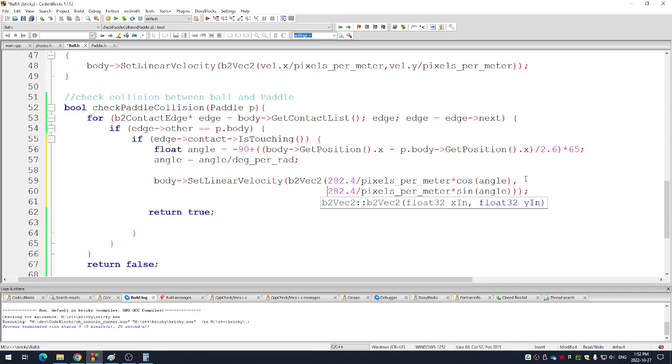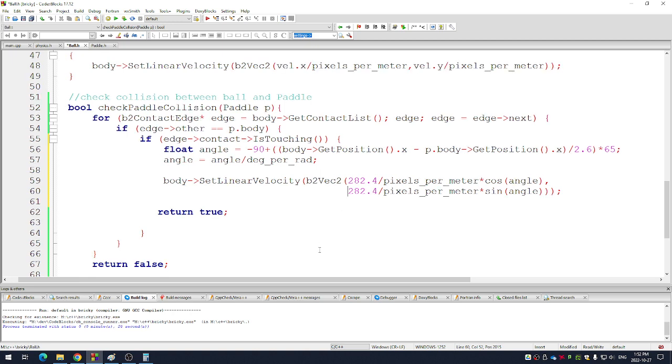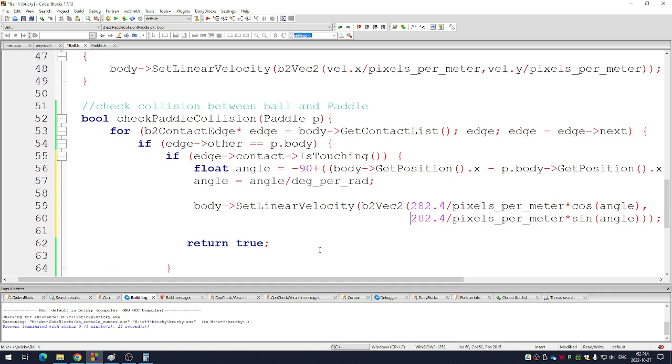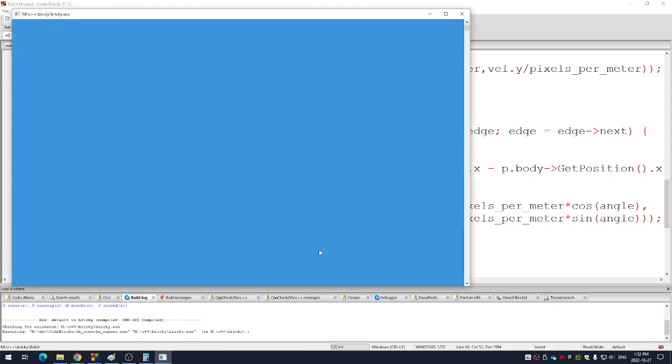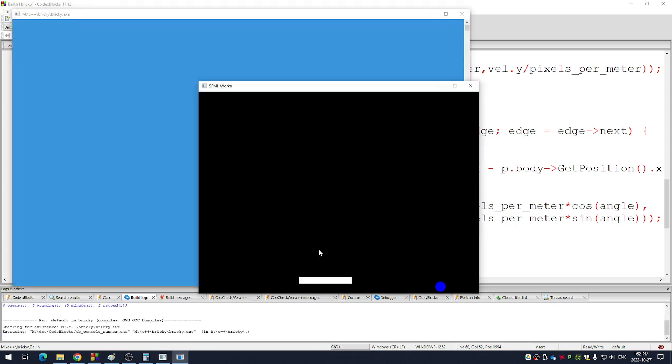Let's see every time we hit if it bounces off in the other direction. If I hit the center, it should bounce straight up. Oh, that's close. Pretty good. If I hit the right side, it should bounce off to the right.